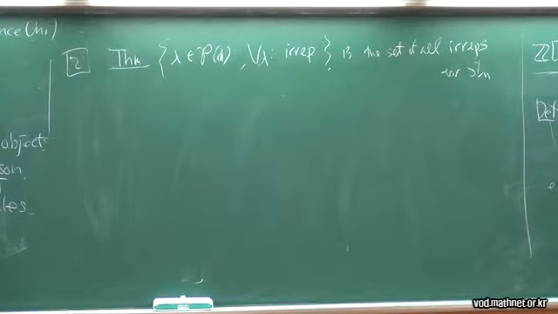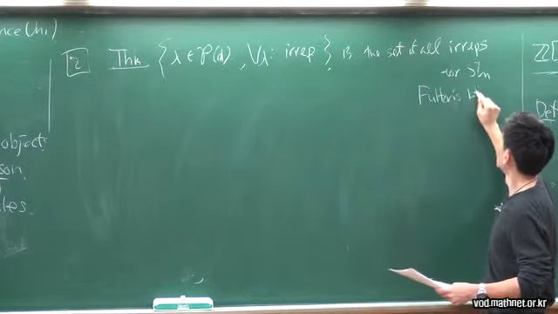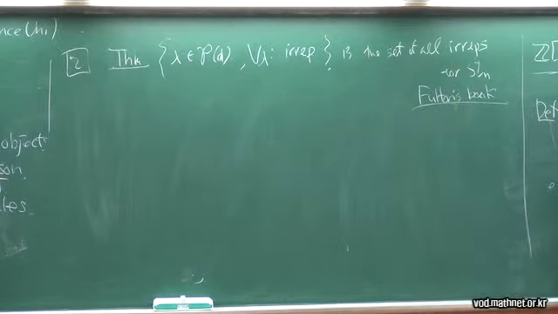This is a very basic fact about irreducible representations of SL_N with complex number entries. If you want to learn about these things, Fulton's book on Young tableau explains it very well.